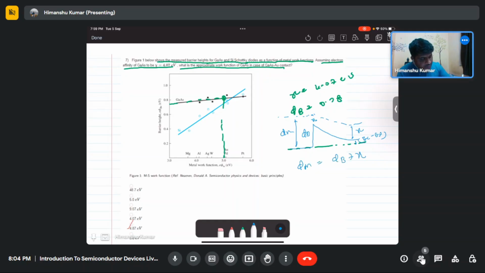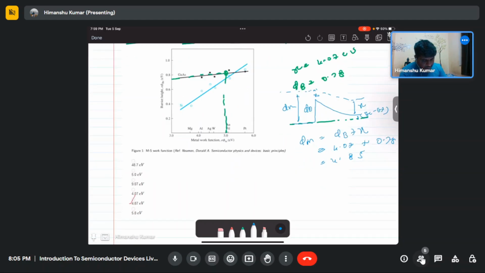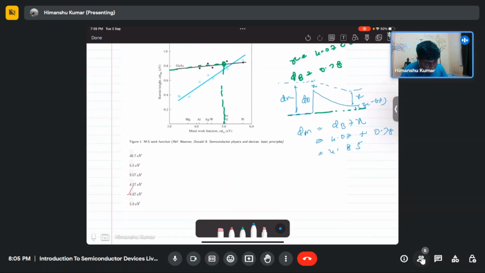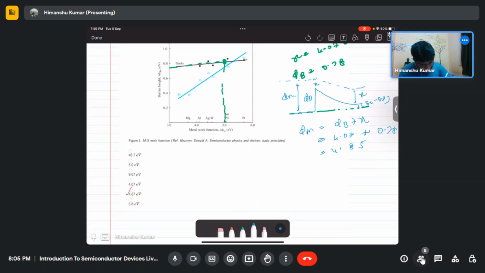So this will be equal to chi, which is given as 4.07, plus 0.78. So it will be around 4.85. So the correct answer will be the fifth option, 4.87 around.